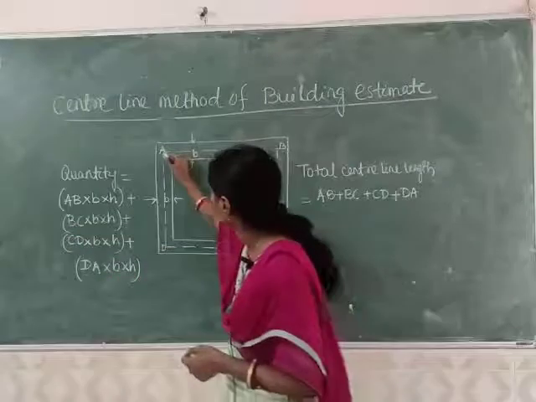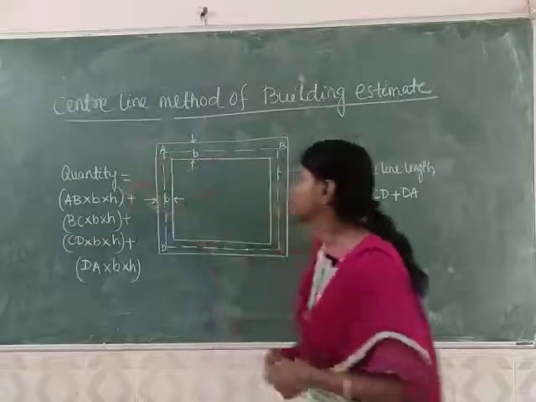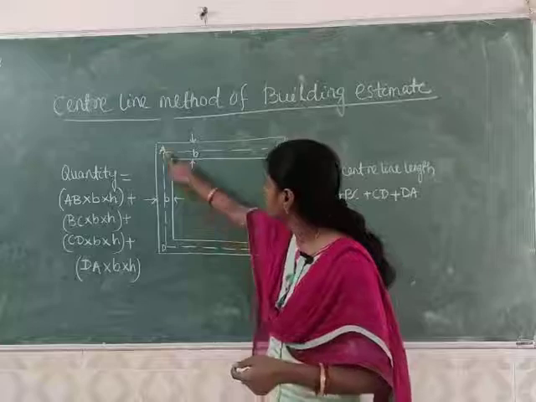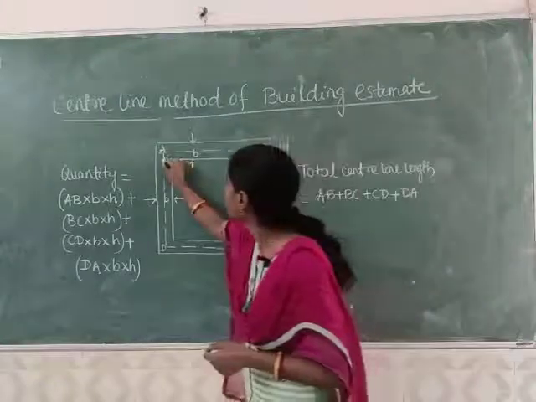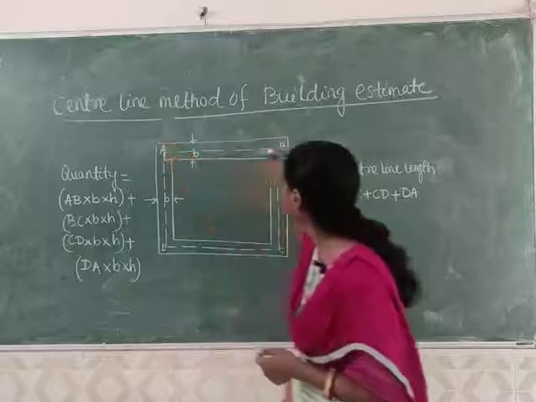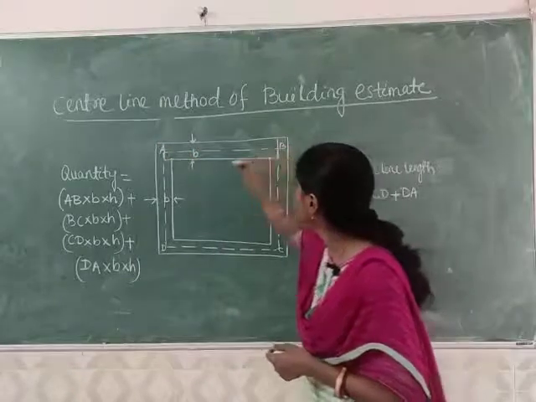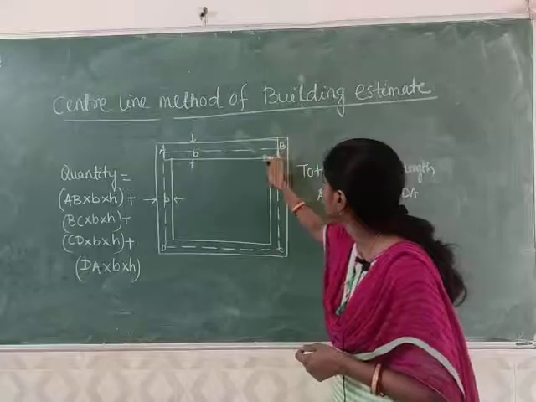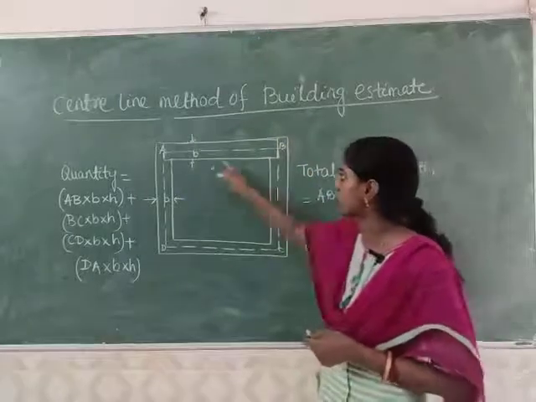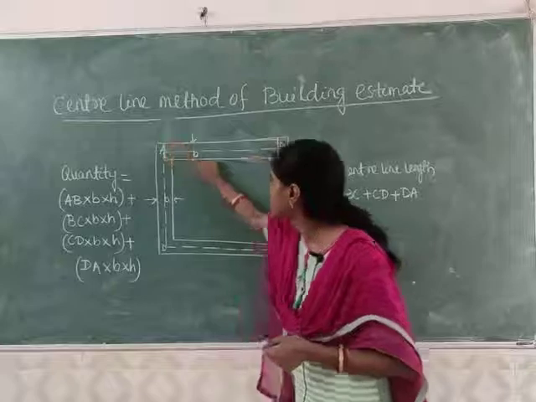So, see, the first length is AB. AB is the first center to center length, and when we multiply the breadth and height, then we have completed the quantity calculation of this particular portion.